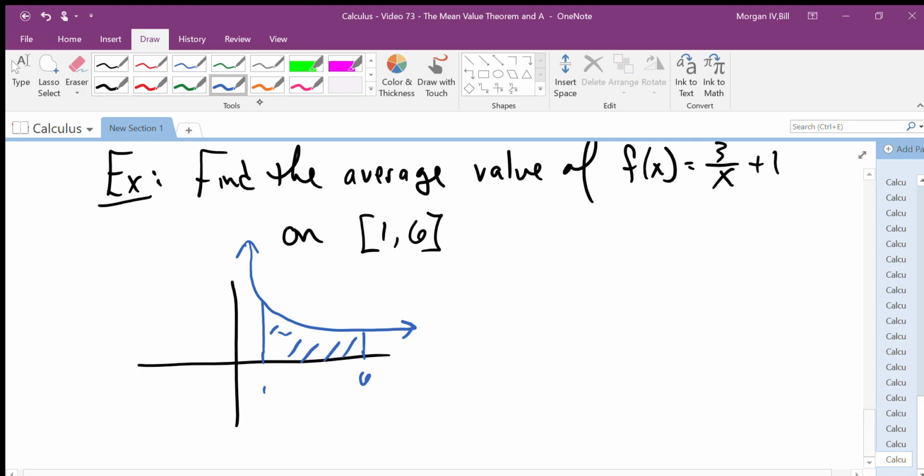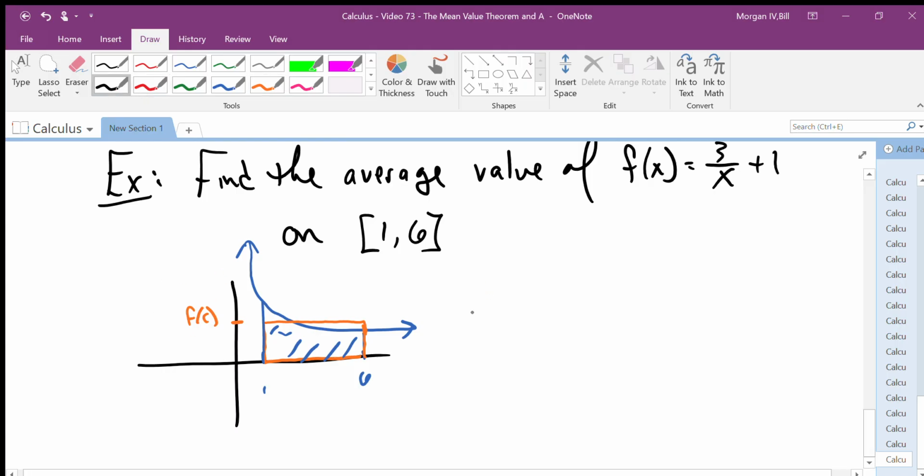And what I'm asking for is find the average value. Find that height f of c so that, that's probably too high. Maybe a little bit lower, maybe right here. I'll go with that. So that the area of the rectangle is equal to the area under the curve. All right, so what is that f of c? What is that height?